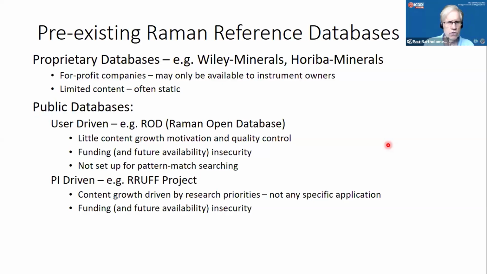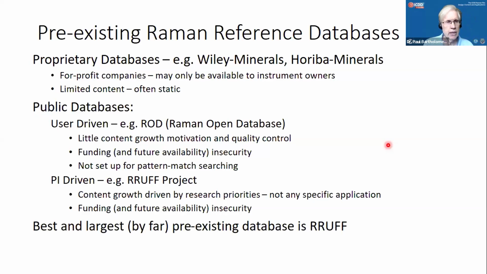Its content growth is driven by research priorities, and it's not designed around any specific application, such as phase identification. It too has funding insecurity. And it's worth saying the RRUFF project is the largest by far and the best pre-existing database.